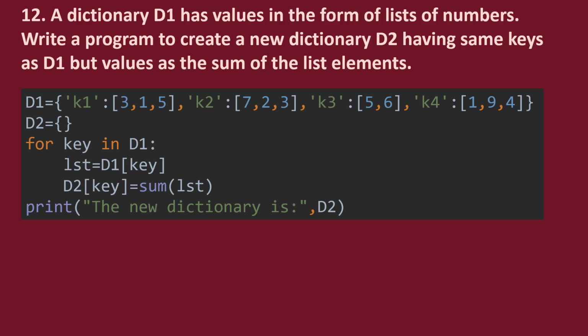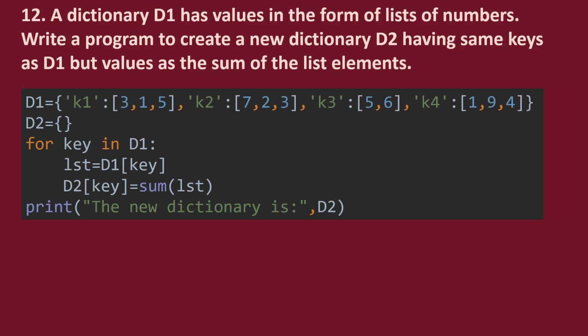Okay. So you can take a for loop: for key in D1, lst equals D1[key]. So D1[key] means the value part of this key, that will be stored in a variable lst. That is actually a list, so that is stored in this lst. Now D2[key] is equal to sum(lst).